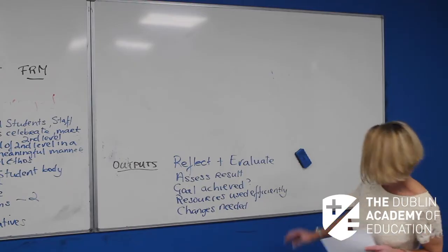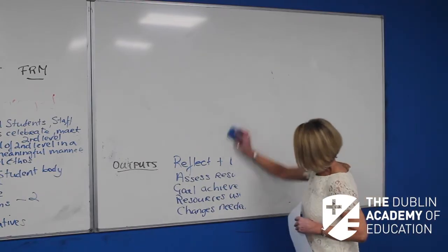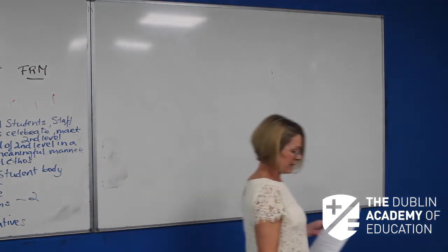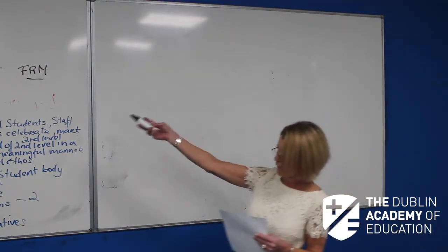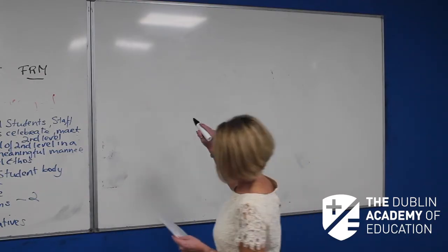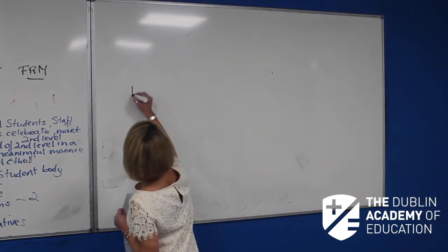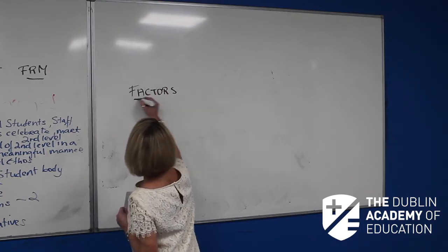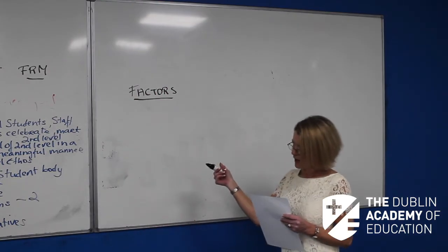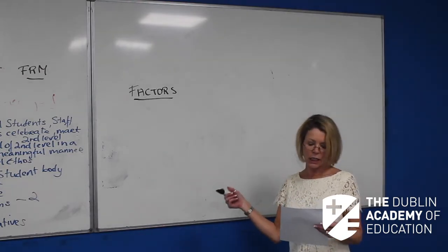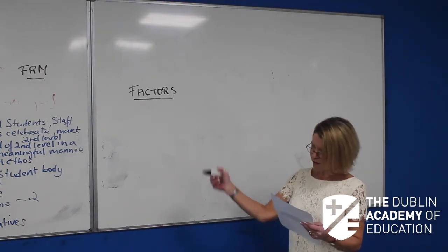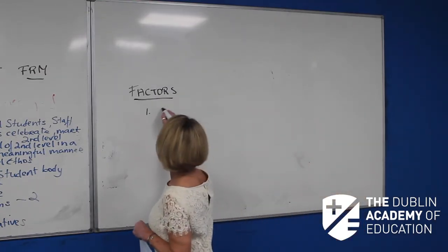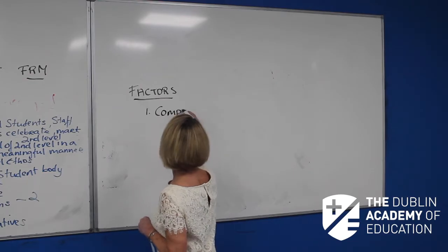question is the factors that affect families in making choices. So the factors that affect families' decision making, particularly when it comes to the planning issues we've looked at with families, are first of all, the first one is the composition of the family.